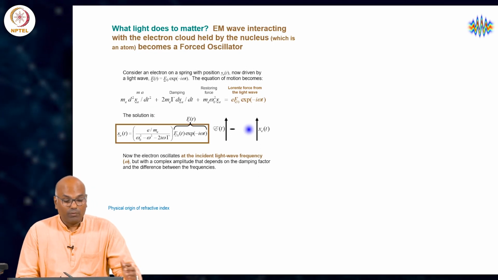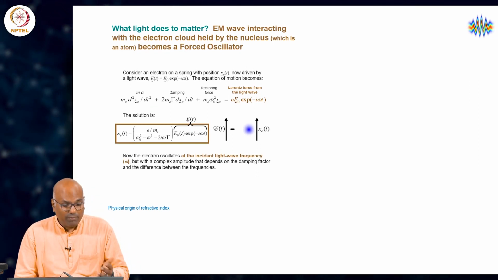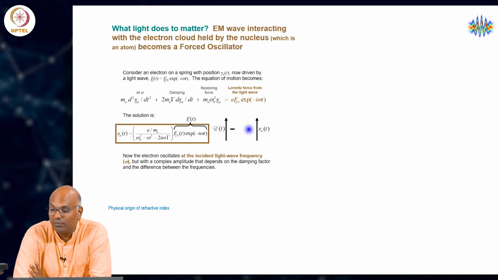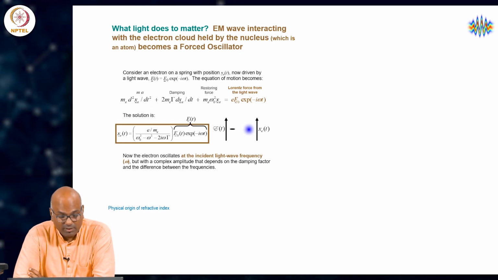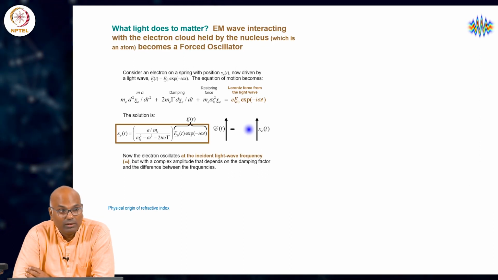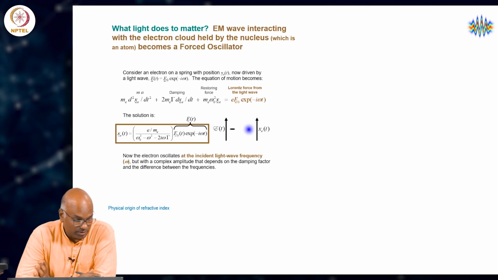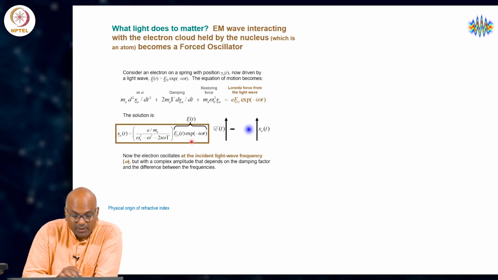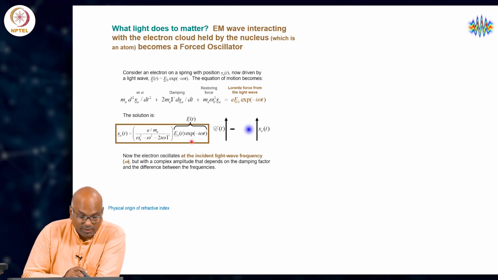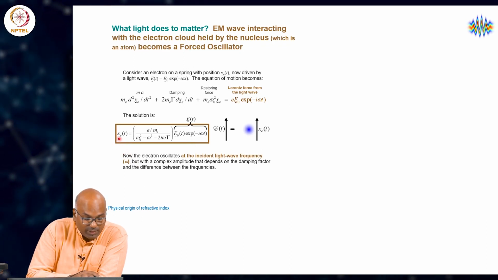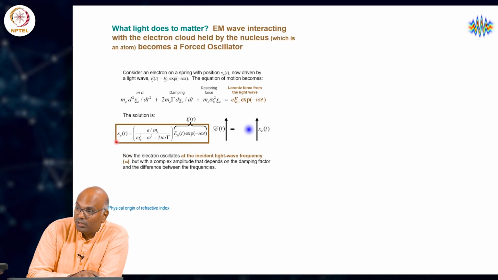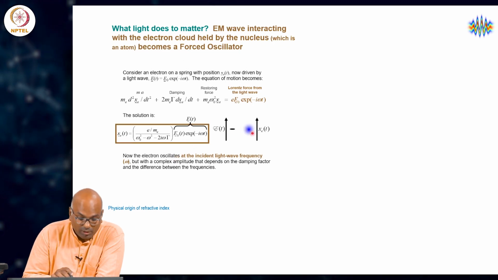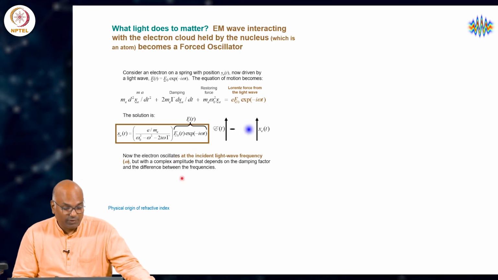But to formally treat what light does to matter, treating matter here in this case, since we looked at a quantum mechanical treatment in the previous set of lectures, we are still in this section confining ourselves to a classical model where the atom is nothing more than a forced damped oscillator driven by the Lorentz force of the incident radiation, leading to a displacement xe between the centers of charge of the point like nucleus and the electron cloud, which leads to the formation of a dipole.